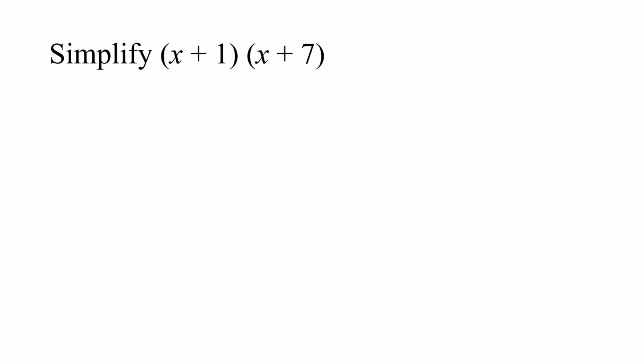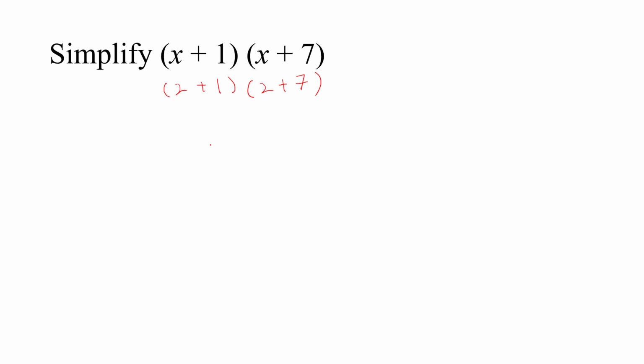But what I want you to take note of is, this expression is very similar to, if I look at it this way, bracket 2 plus 1 times bracket 2 plus 7.